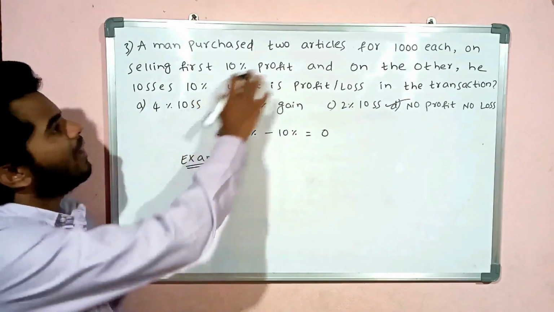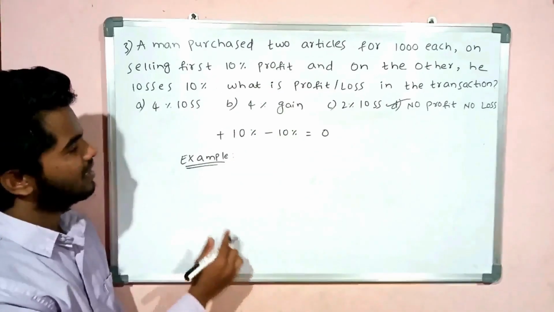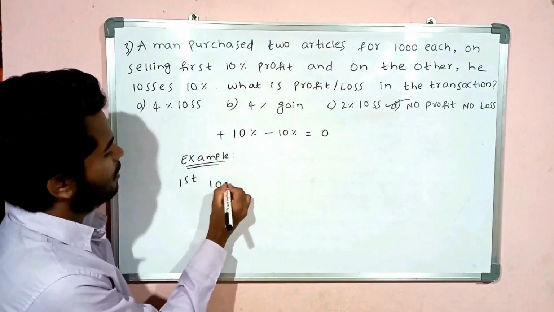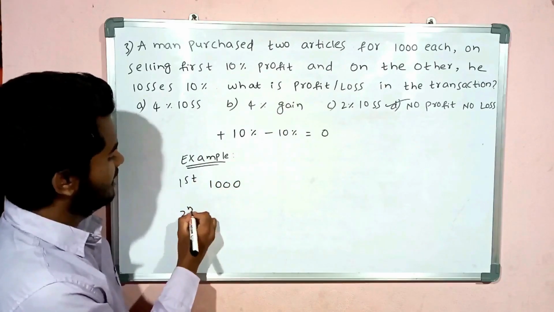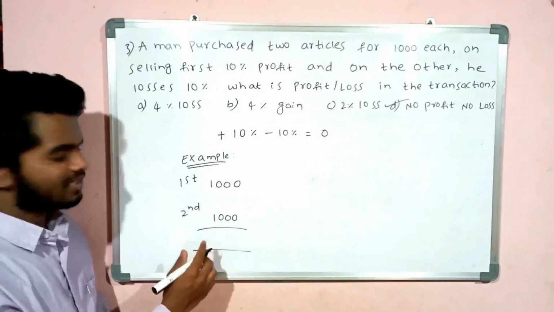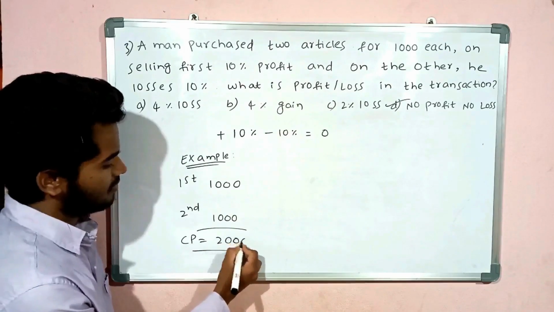Example. A man purchased 2 articles for 1,000 each. So first article is 1,000 and second article is 1,000. 1,000 plus 1,000, so total his cost price is 2,000.